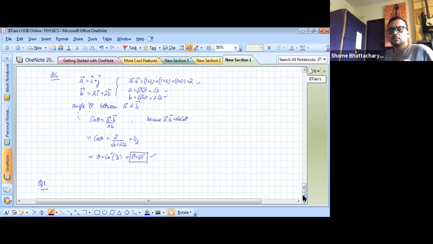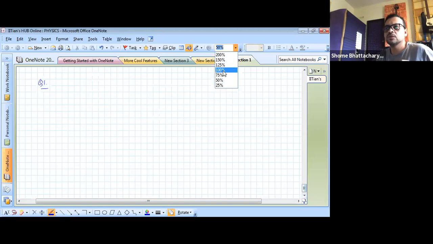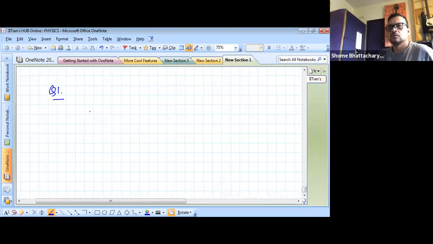Okay, so hope this is clear, people. Coming to question 1 now. Question 1 gives us two vectors A and B, and asks us to find the angle of A plus B with respect to the x-axis. So what we'll have to do is first calculate A plus B from the given vectors, and then find the direction cosine with respect to the x-axis using the concept of direction cosines.